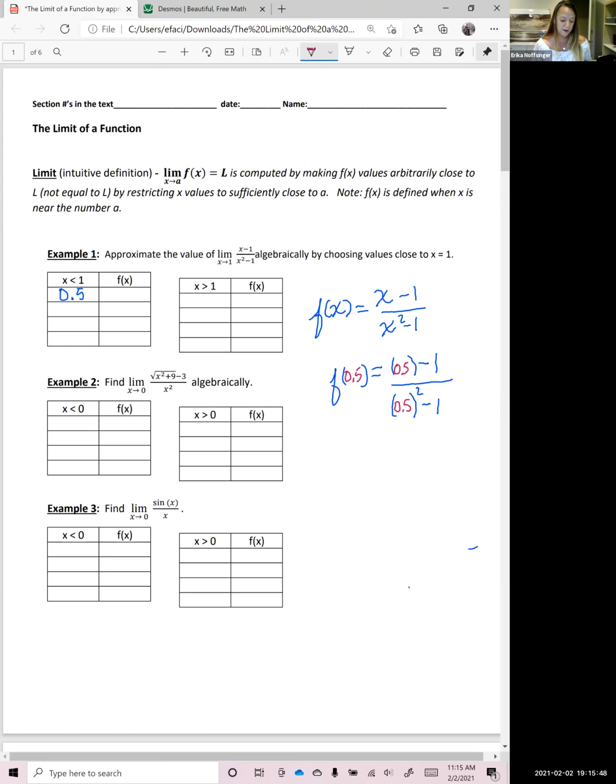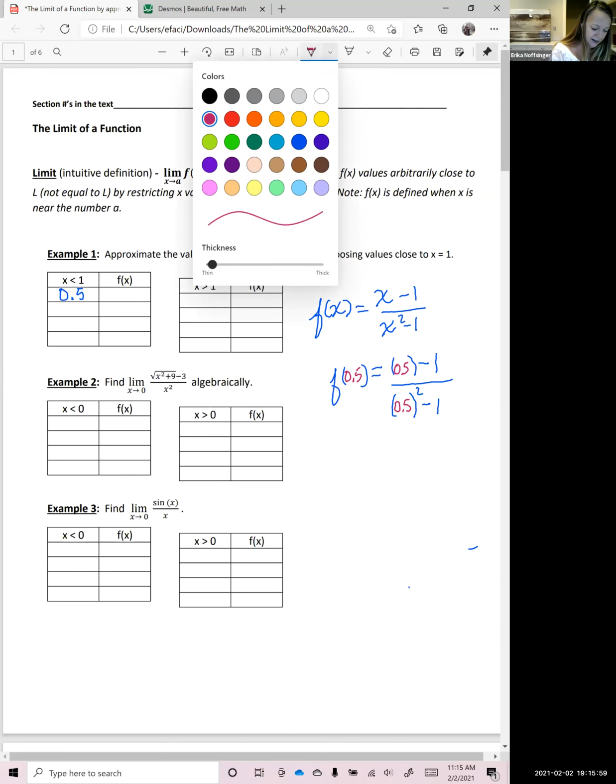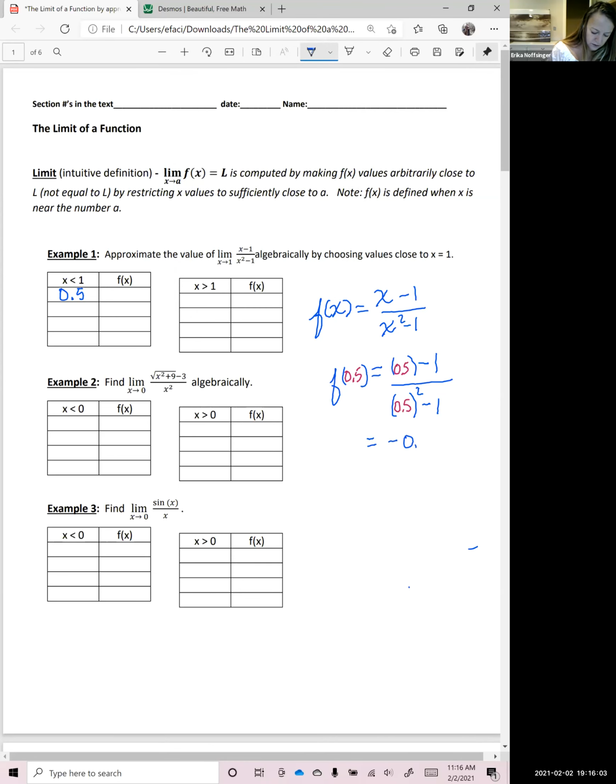So we have a 0.5 minus 1. We treat the numerator as a bracket or parentheses, work inside that. 0.5 minus 1 reduces to negative 0.5, all over 0.5 quantity squared, parentheses and exponents.